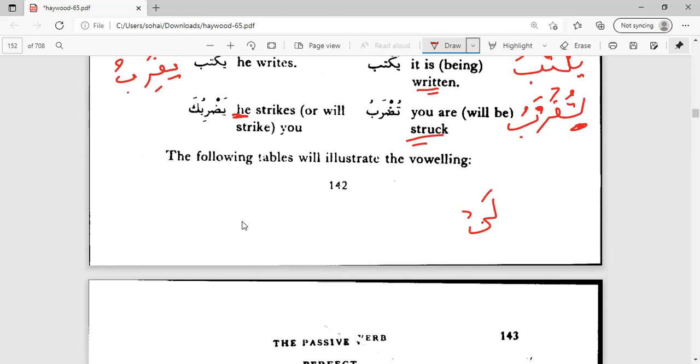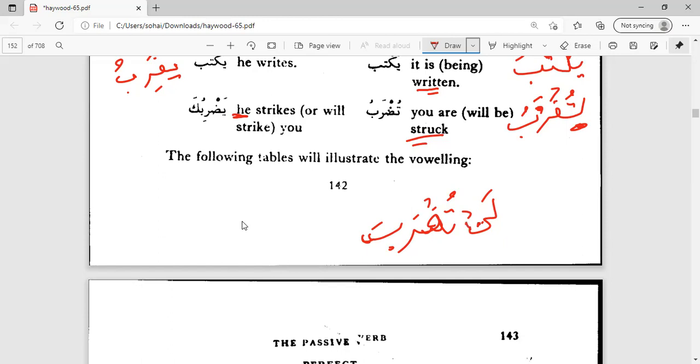So it'll be, for example, lan tudraba. Because all these particles, whether it's lan, lam, la, they only affect the ending. So here it is affecting the ending. Lan tudraba, you will not be struck, or you shall not be struck.